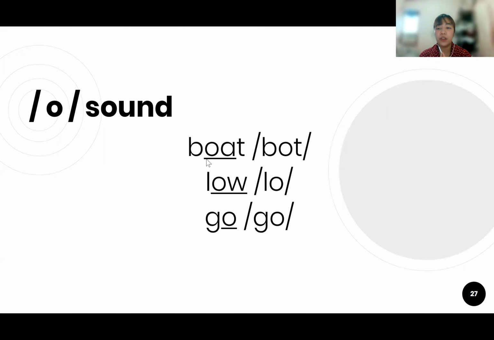For example, in the word boat, you have your B, your O, and your T. That is how you transcribe it, since in boat, your letter O and your letter A produce the O sound. So you transcribe it as B, O, and T. Boat. Same with low: L, and then your OW produces your O sound.